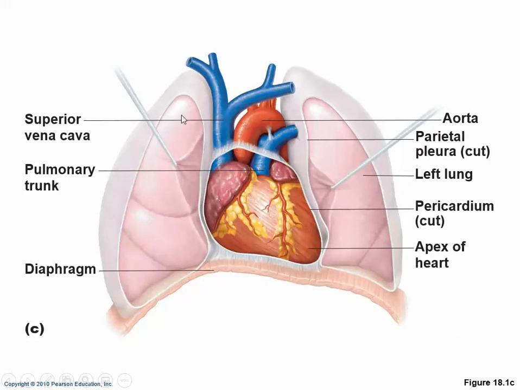You can see that it's attached to the blood vessels here. And the serous pericardium is lining that. The parietal part is here. The visceral part is on the heart itself. The space between them is the pericardial space.